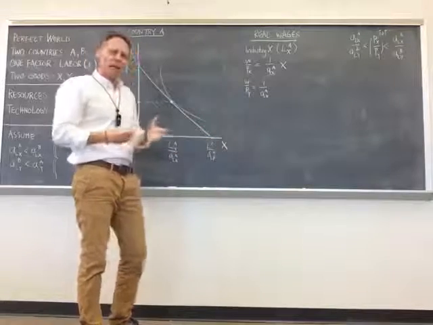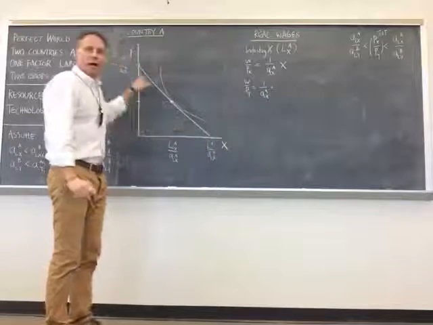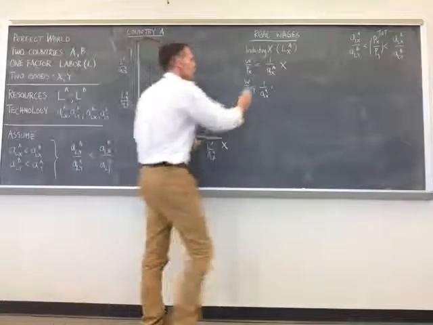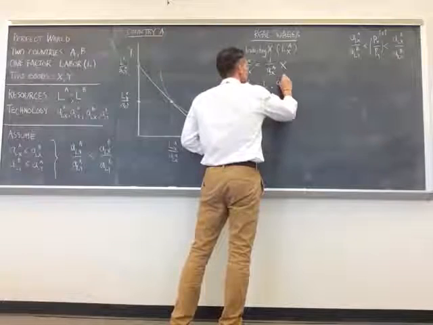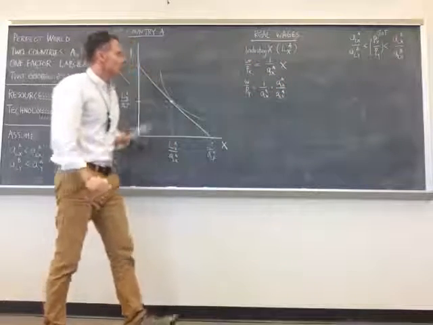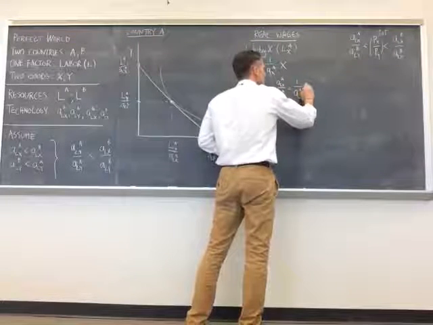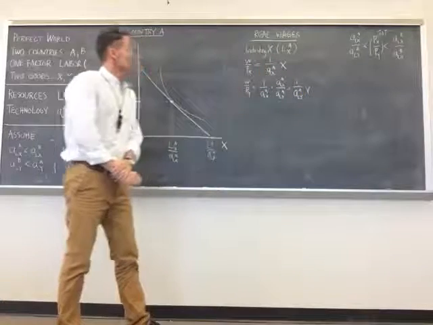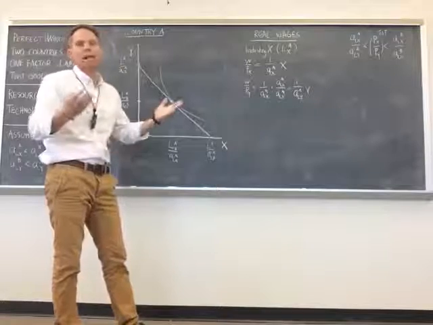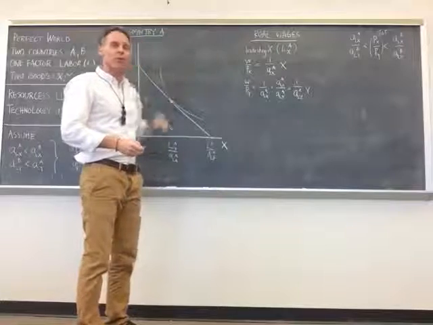But if they want to trade that good for good Y, they will be trading it at the opportunity cost within country A. So the opportunity cost of X is ALX divided by ALY, which then, by simplification here, they can consume 1 divided by ALY units of good Y. All right, so this is the purchasing power in the two goods for a worker that works in industry X.